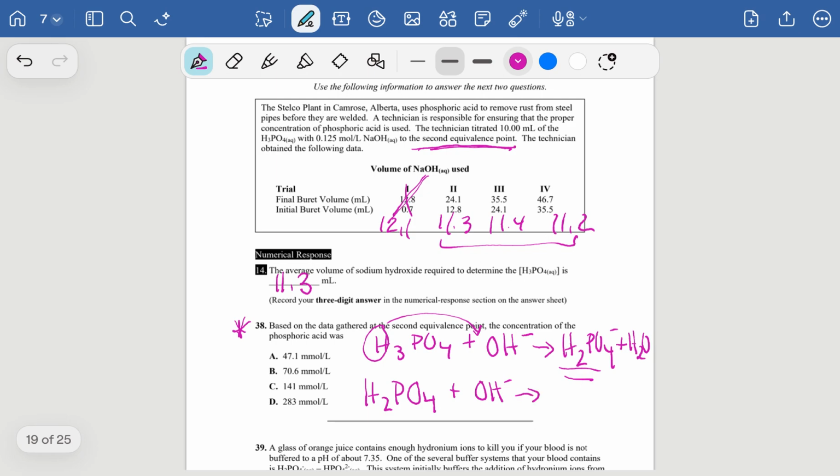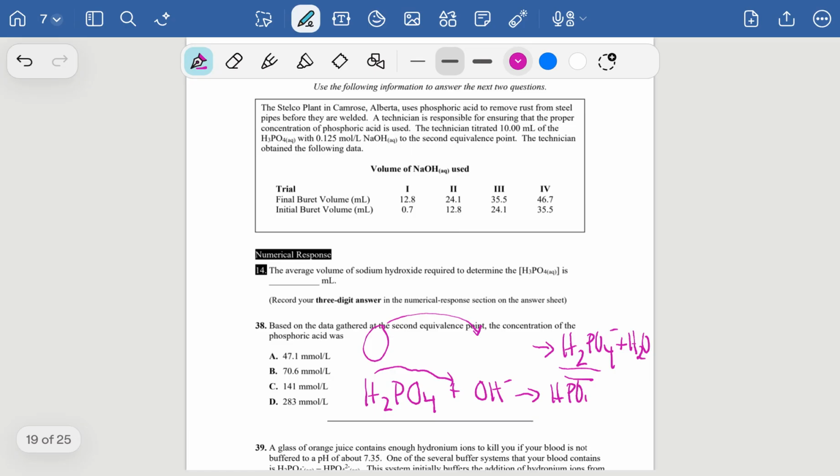And when this one reacts, going over, you are producing HPO4 negative 2 and water. Now, if you go to balance out our reaction here, this is actually a 1 to 2 ratio. And we would know that with our NaOH in there. I just won't write that all out again. But that is allowing us to see that we have 2 hydrogens for our OH.